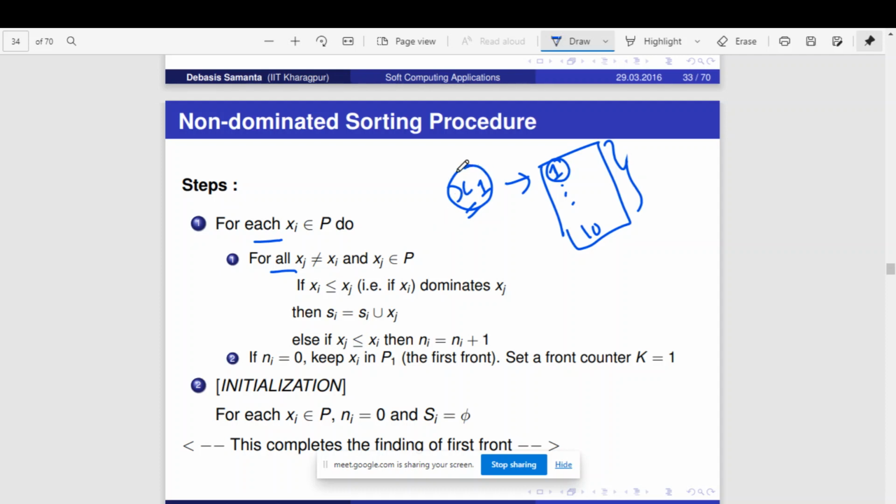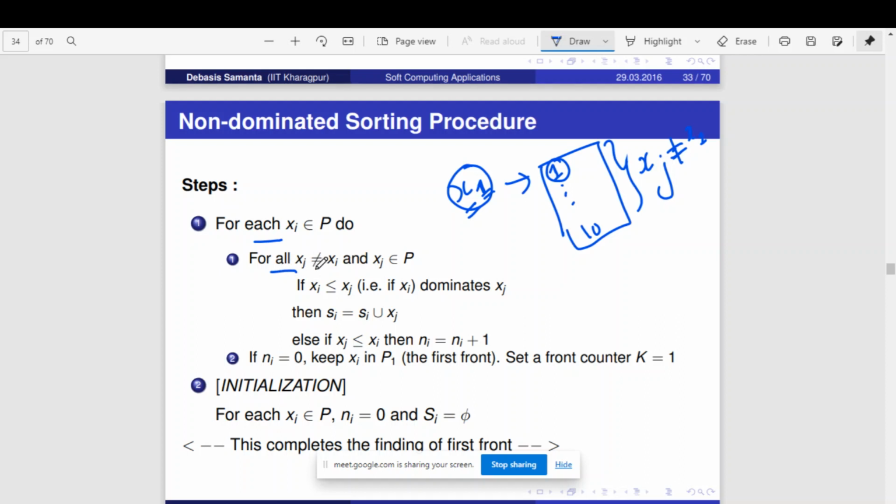Because currently we have taken the first individual, right? So this xj should be compared with x1, but xj should not be equal to x1, exactly, because you cannot compare the same individual with himself. There is no point in doing that, right?